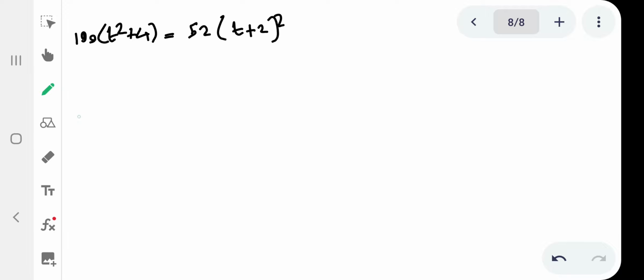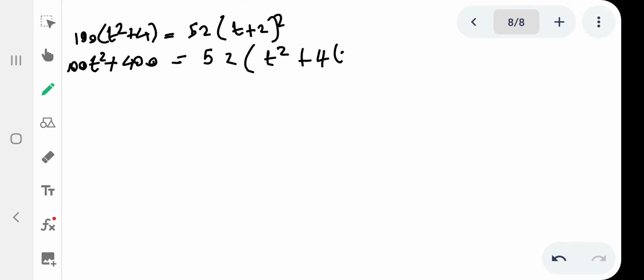So we solve for t, which is the number of orange balls. That would be 100t squared plus 400 equal to 52. Let's expand the bracket, we get t squared plus 4t plus 4, right? So that is 100t squared plus 400 equals 52 times t squared plus 4t plus 4.